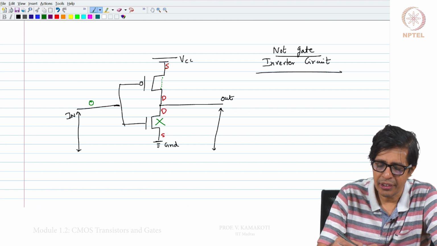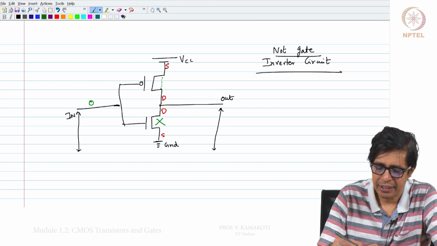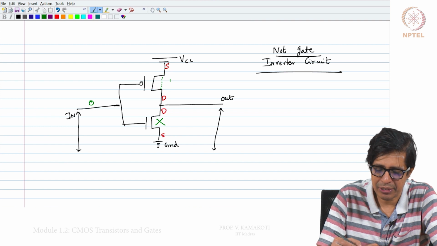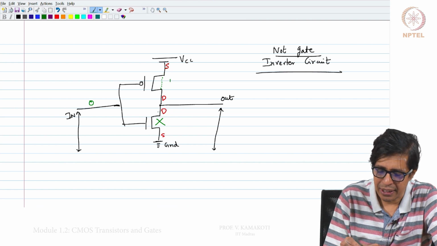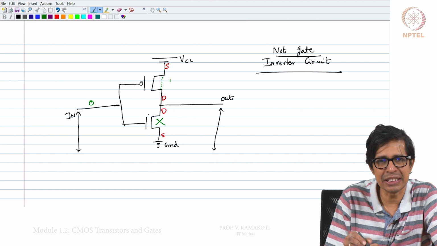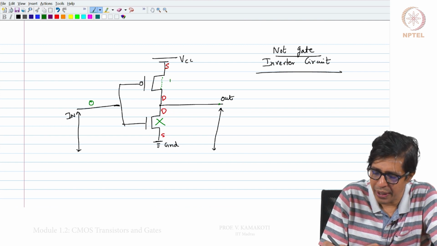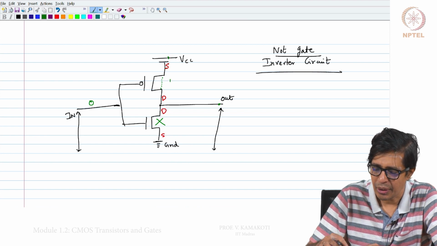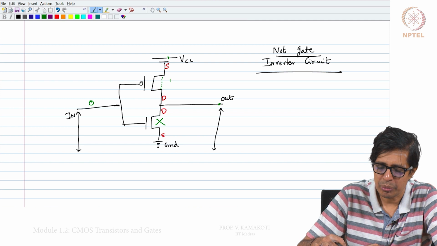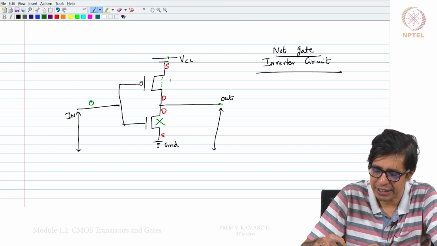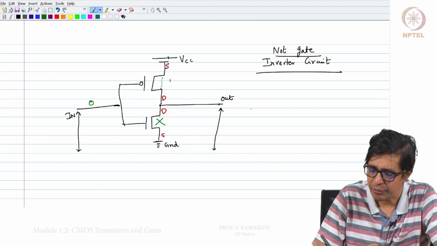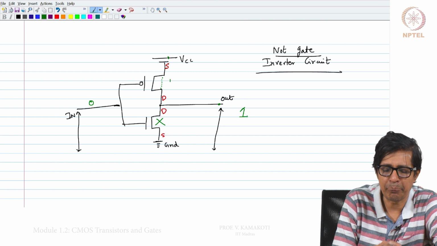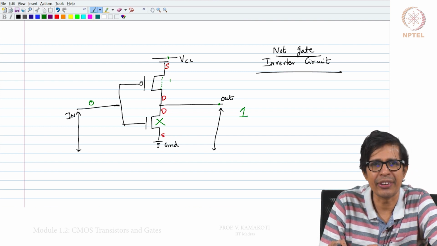Since this source is connected to this drain, this is now a short for all practical purposes, and this is open because this is disconnected. So, this point and this point are the same. When I measure the voltage here, what will I get? This is VCC and this is VCC, so I get VCC, that is 1. So, when I apply a 0 to this circuit, I get a 1.